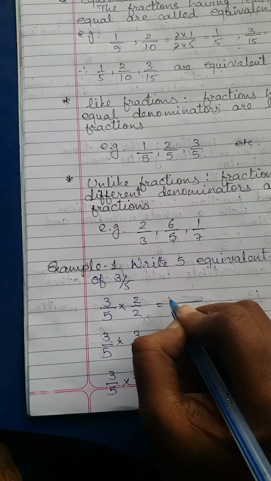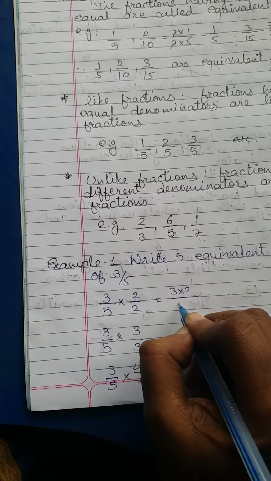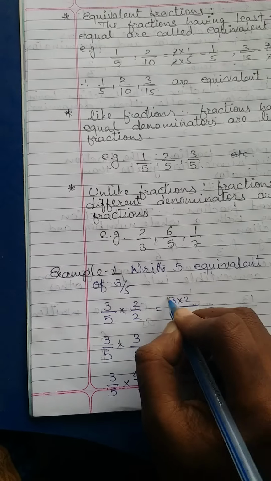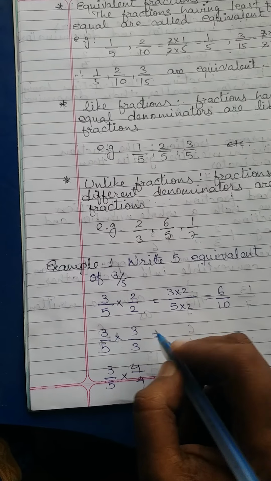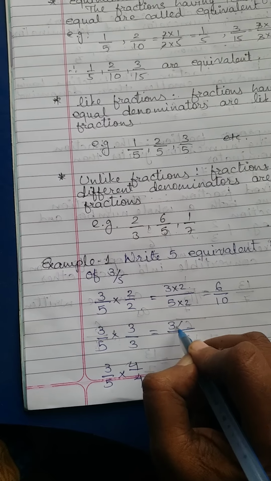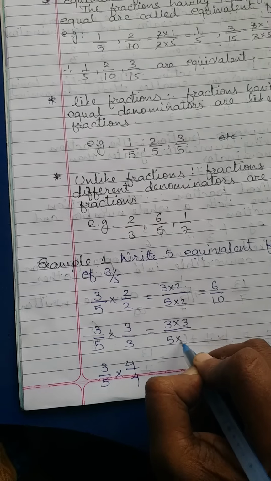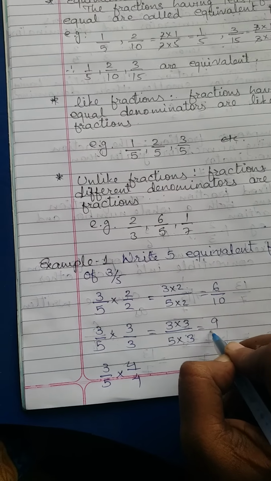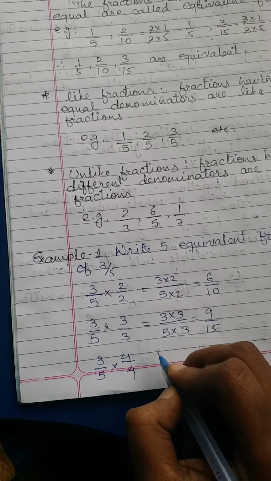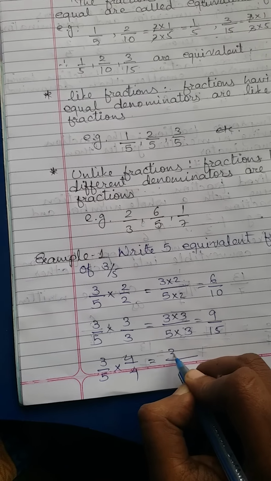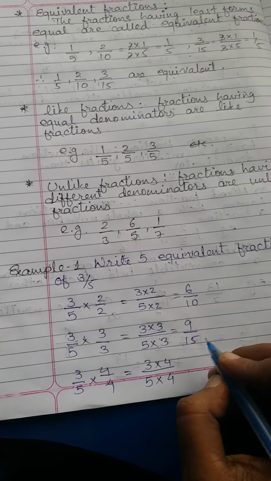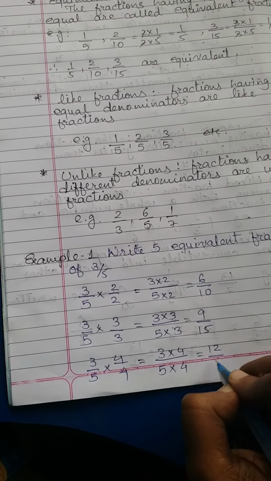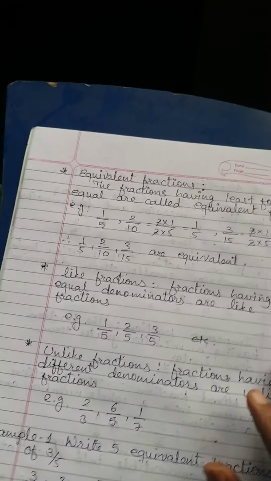The same way, 3 multiply 2 and 5 multiply 2. That means 3 2s are 6, 5 2s are 10. Again, 3 multiply 3 and 5 multiply 3. That is 3 3s are 9 and 5 3s are 15. Here 3 multiply 4 and 5 multiply 4. That is 3 4s are 12 and 5 4s are 20.